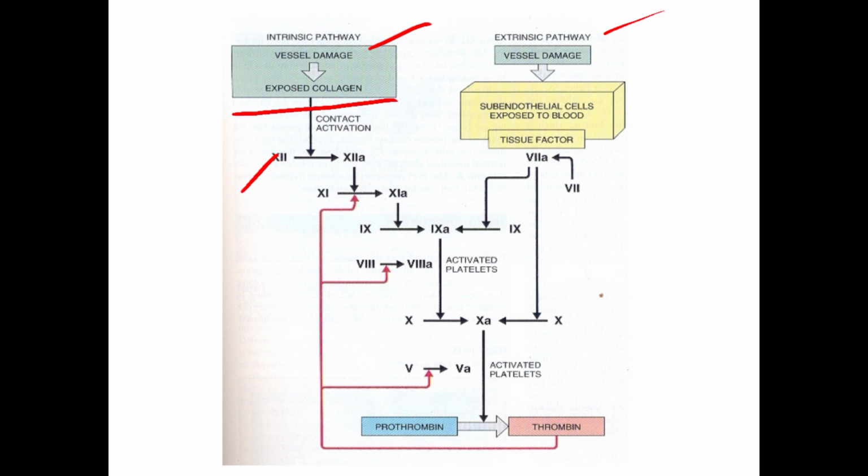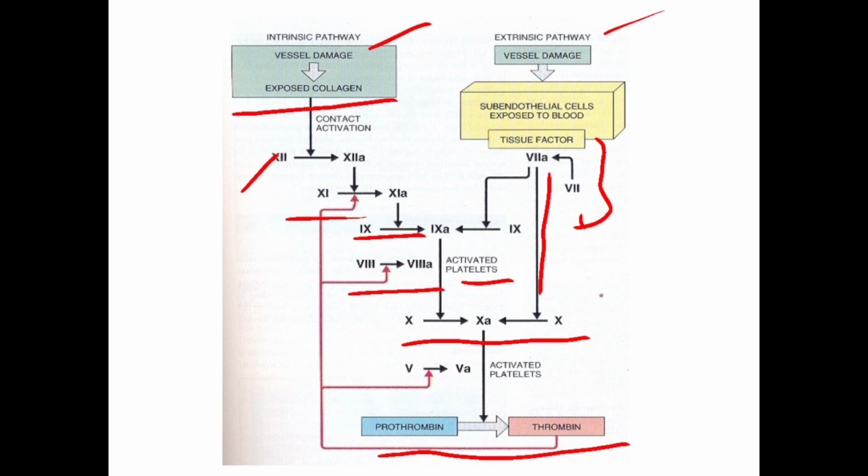First factor 12, next is the 11th, then the 9th, next is factor 8, and activated platelets convert factor 10 into activated factor 10. Here in the extrinsic pathway, tissue factors activate factor 7. This factor 7 directly activates factor 10. Now the activated factor 10, in the presence of platelets and factor 5, converts the prothrombin into thrombin.